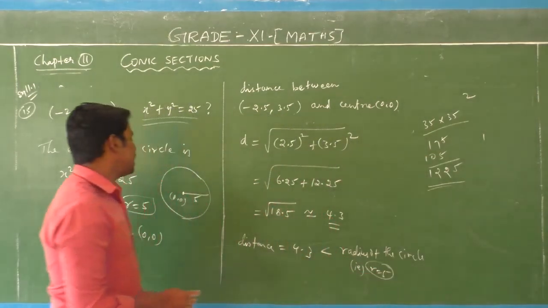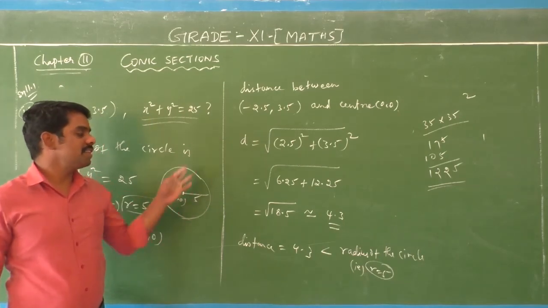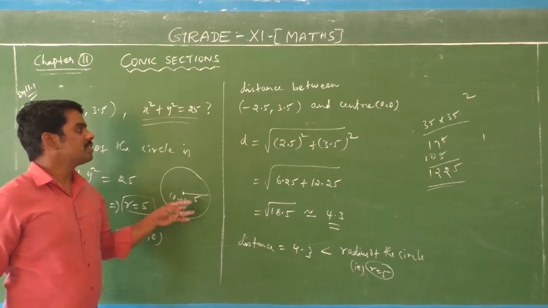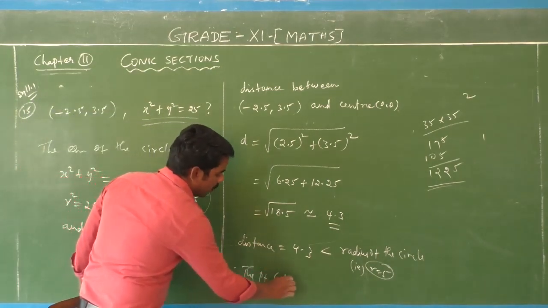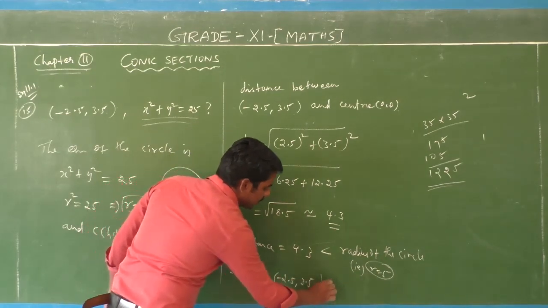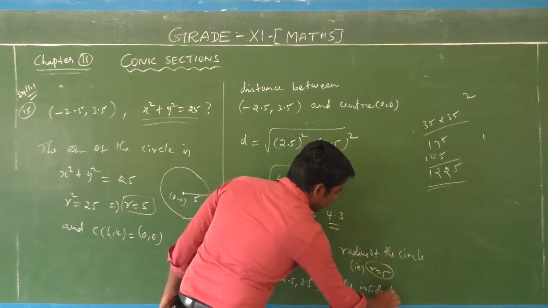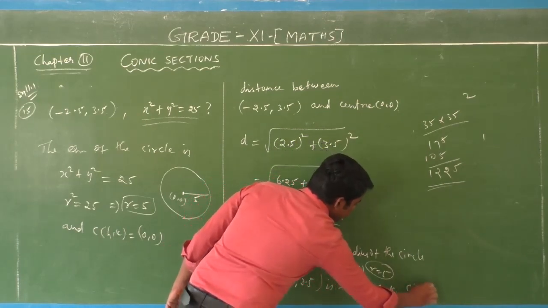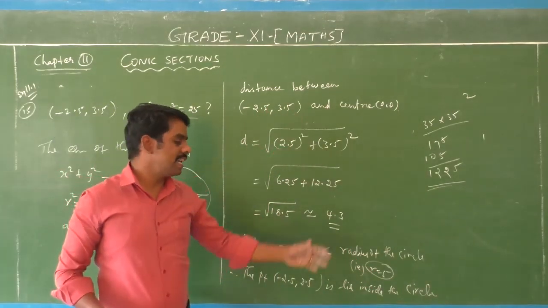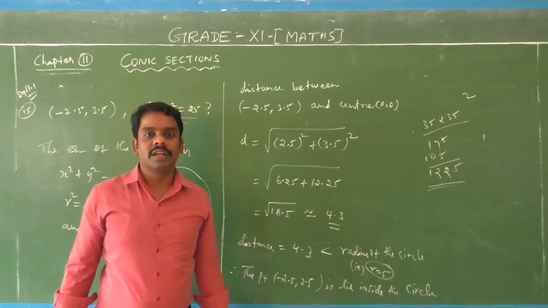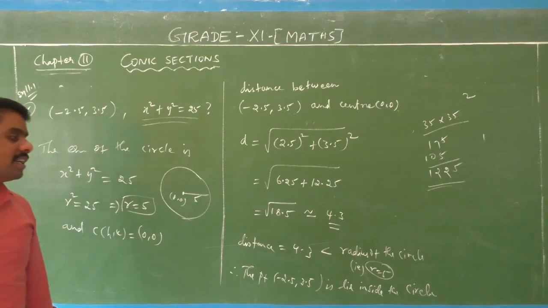So the radius is greater, and the distance of the point from the center is less. Therefore the point (minus 2.5, 3.5) lies inside the circle. When the distance between the point and the center is less than the radius of the circle, the given point is inside the circle.